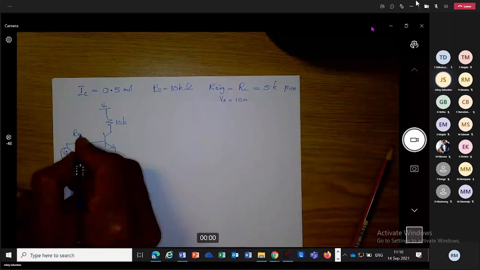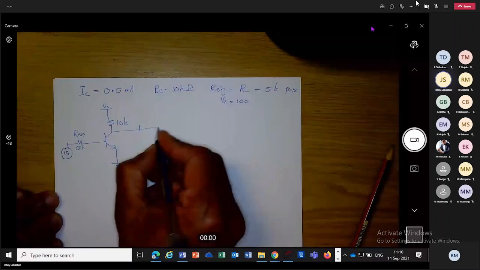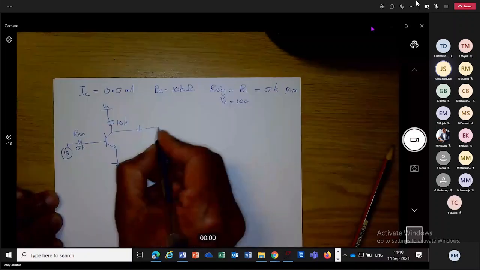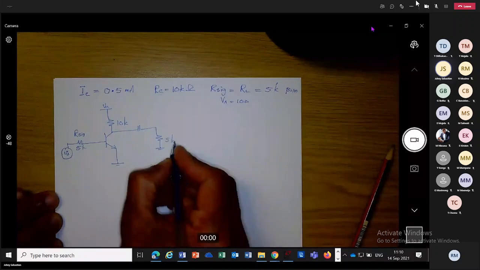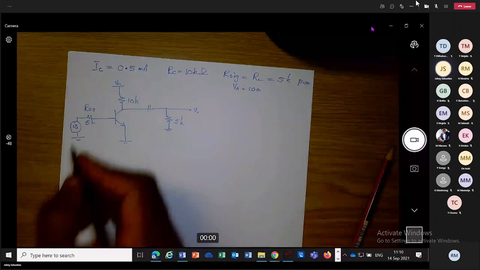And we have an RL, also 5K. That is where we find V naught. And start with all the assumptions. Okay, let's find the small signal values first.